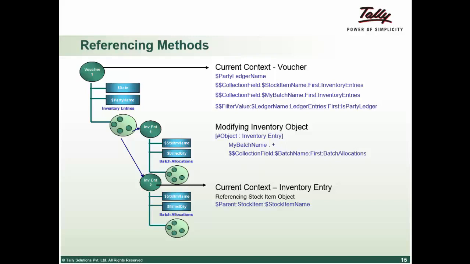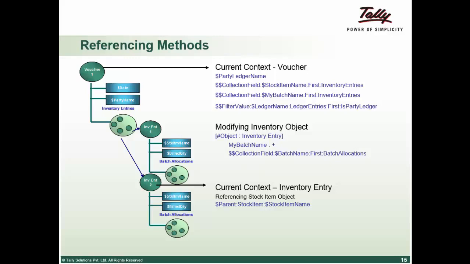The voucher object has multiple methods, but for this example we have taken simple, basic things. So the voucher has a date and a party name. If you want to call the date from the voucher, the method name is $Date. If you want to call the party name, it's $PartyName, which has a sub collection, inventory entries, and we've taken an example of two objects from that collection.